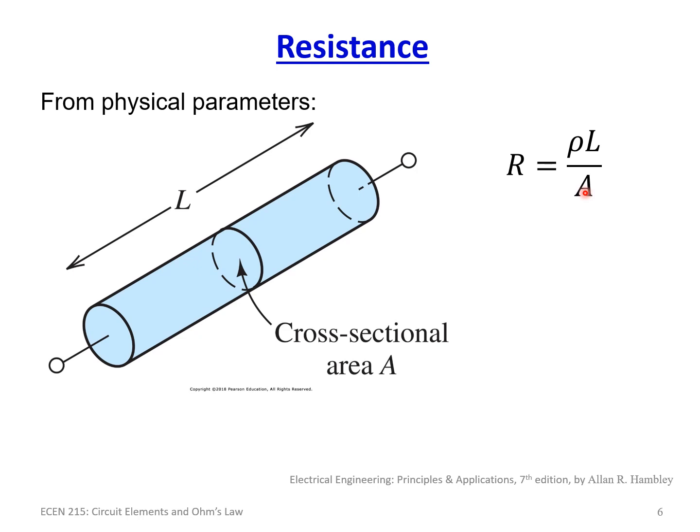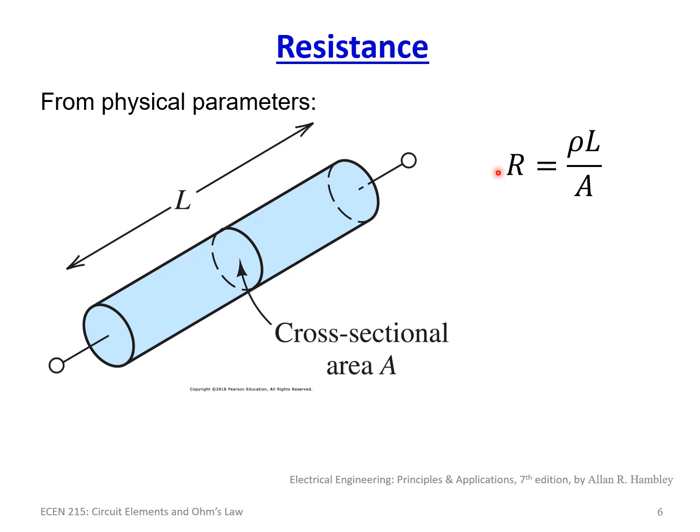When you use heavy gauge wires, which is actually a low number, like the wiring in your house or apartment is probably 14 gauge wire, that is a larger diameter wire than really thin wires like on a circuit board or hooking up to the screen on your smartphone. So the A is substantially different. And the longer the wire is, the obviously more resistance the wire or conductor has.